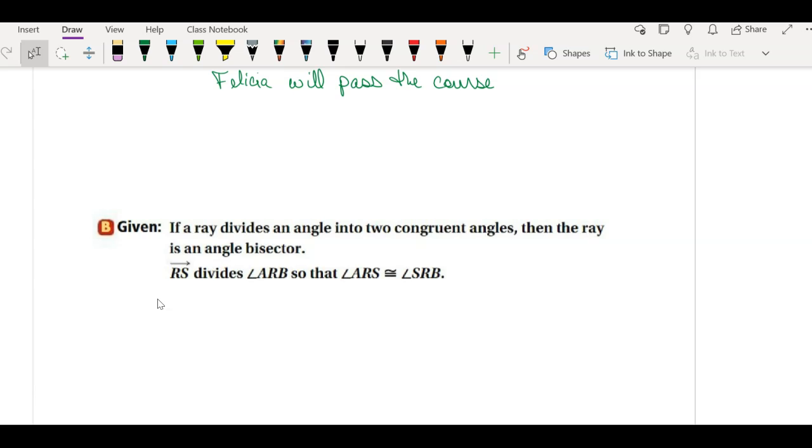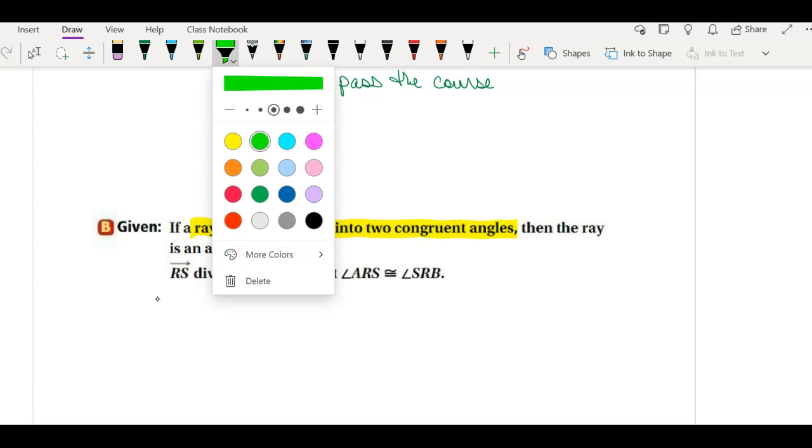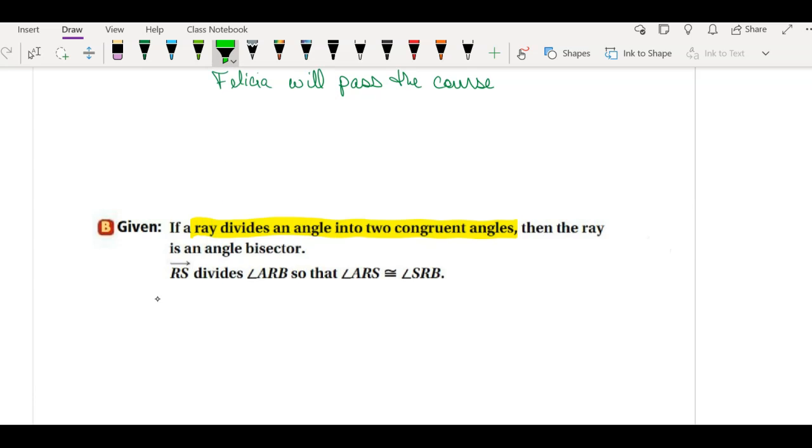So that's a lot to unpack. So let's start with identifying our hypothesis. So we have a ray divides an angle into two congruent angles. And next, what is our conclusion? The ray is an angle bisector.